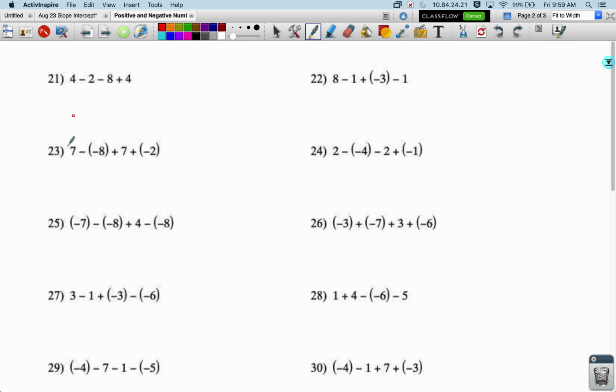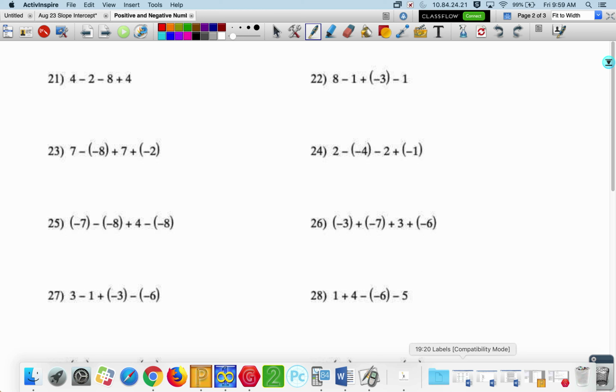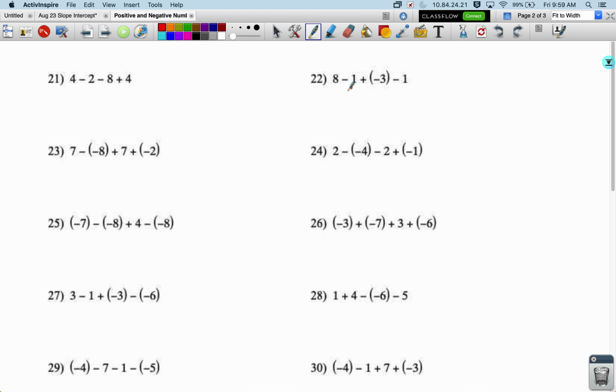Let's take a look at the backside now, even more practice for us. We've got some with 4 numbers now. Let's pick number 23. First thing is I go through and I swap out the minus and negative for a plus, and the plus and negative for a minus. Now I've got just some nice easy addition. That's going to become a 15 plus 7 minus 2.